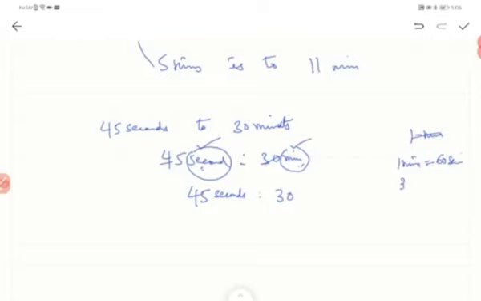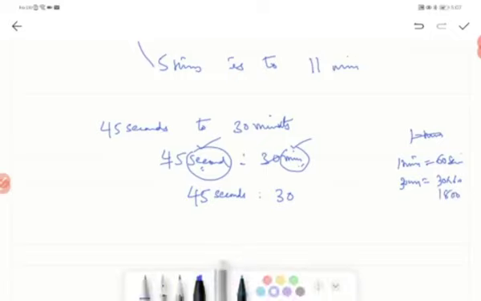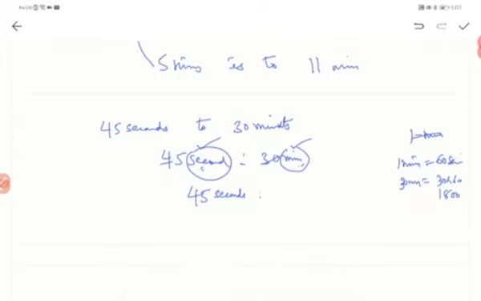So 30 minutes is equal to 30 into 60, isn't it? 6 3s are 18, so it is 1800 seconds. Okay, so now I will write here 30 minutes is 1800 seconds. So now both are in seconds. Okay, now you can go for cancellation.